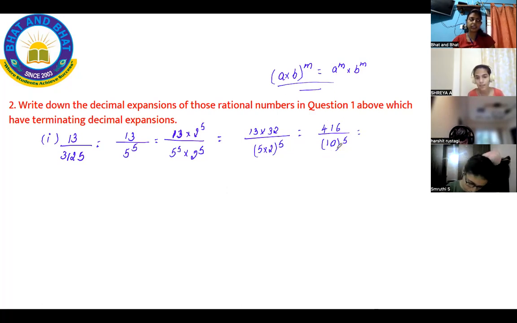See, if I say 10 raised to 5, how many zeros will be there? It is 5 zeros. When you say 10 raised to 5, it will have 5 zeros. Now, a simple thing: if I write 1 divided by 10, or let us take 2 divided by 10, understand this easy method I'm teaching you.